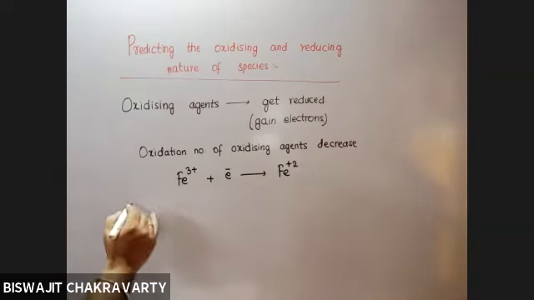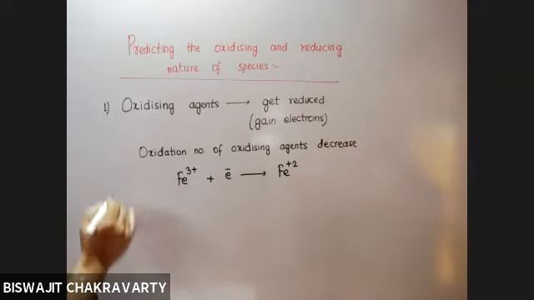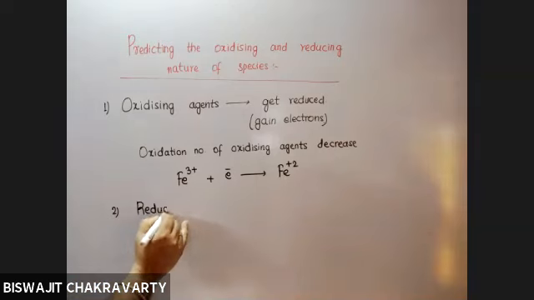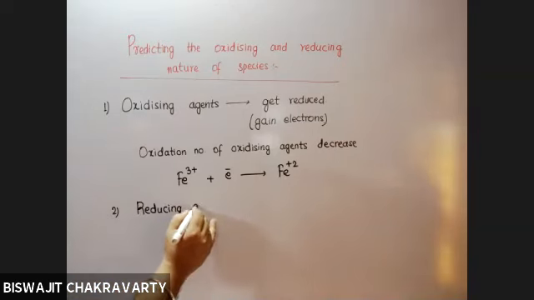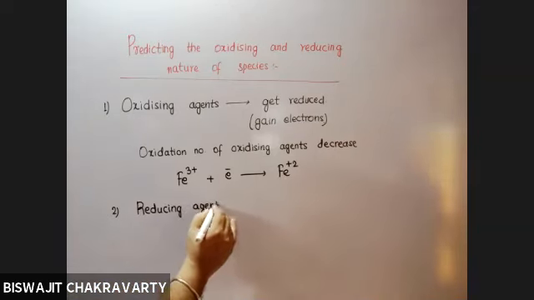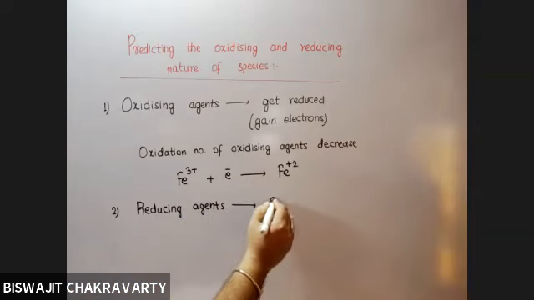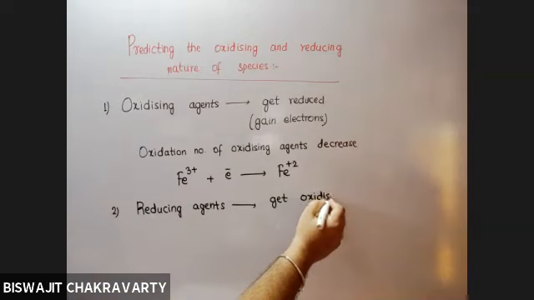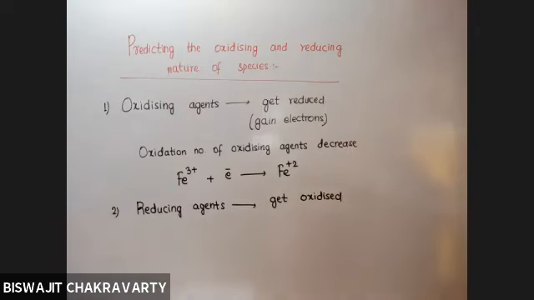Same way, if you put this as number 1, reducing agents. What do the reducing agents do? They get oxidized or not? Yes, they get oxidized. And getting oxidized means what? They lose electrons.